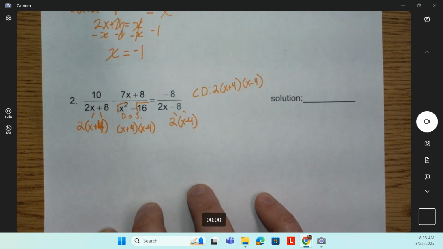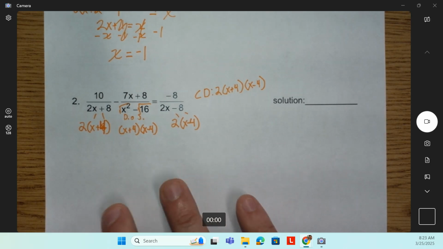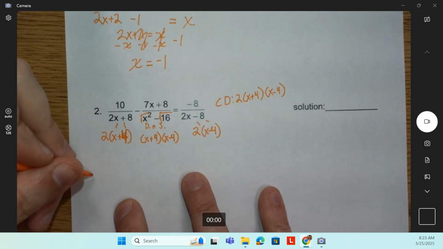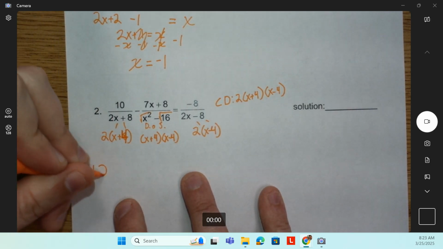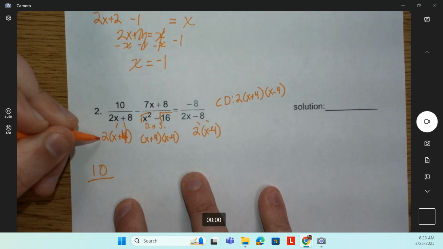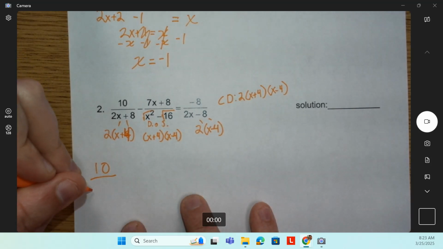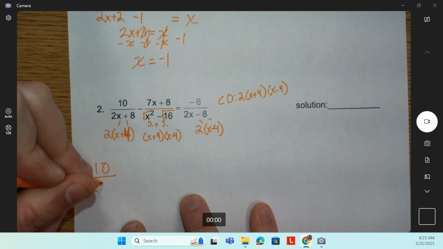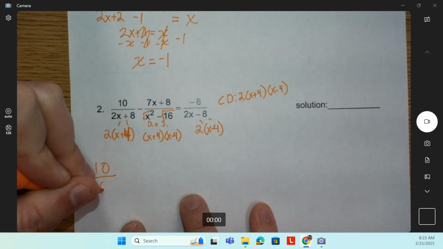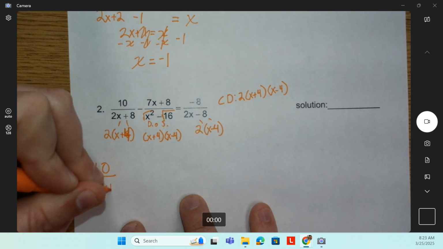So going then with our multiplying by the common denominator, I'm going to rewrite these fractions and just leave a little bit of space. So 10 over, and I'm going to write the factored form of the denominator. Remember, once we factor those denominators, we're not ever going to multiply them back together.